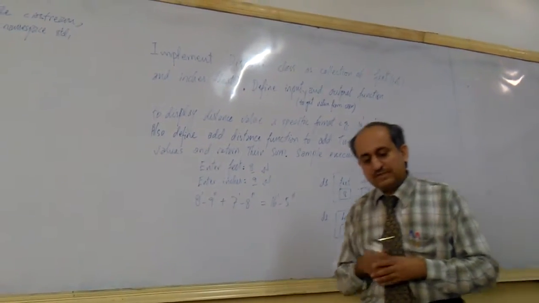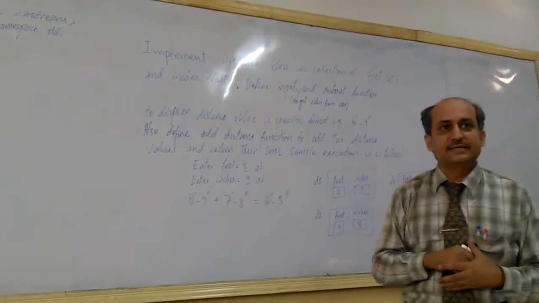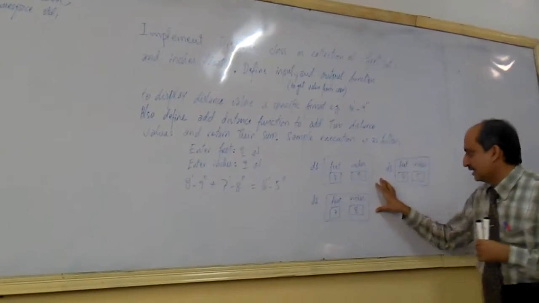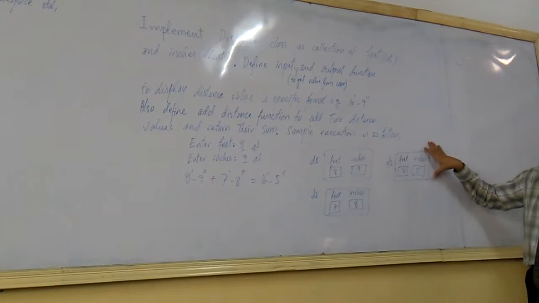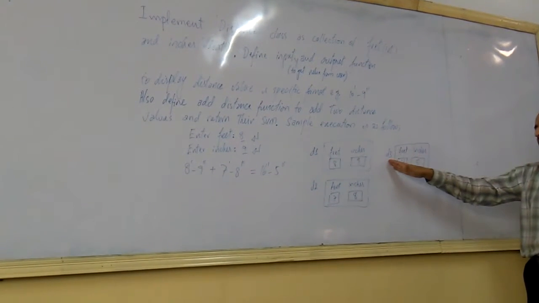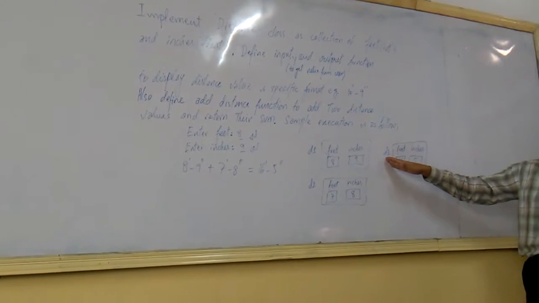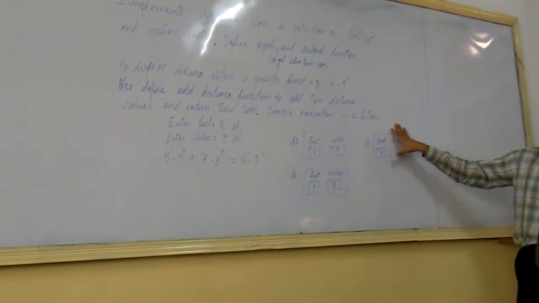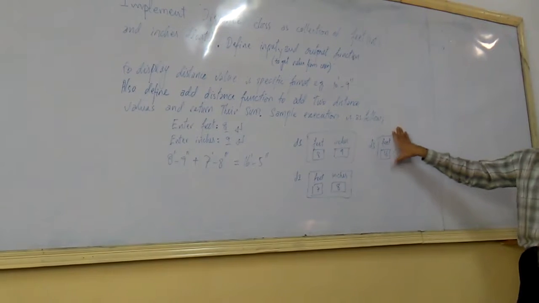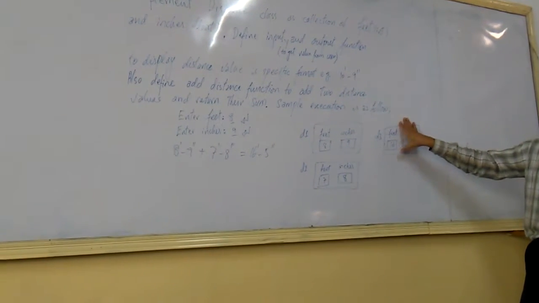Now, this is the whole requirement, and this is basically the memory structure. As a result, we shall be storing that result. We may name it the D3 object. We shall be storing the result in our third object, third instance of our distance class, that is D3.